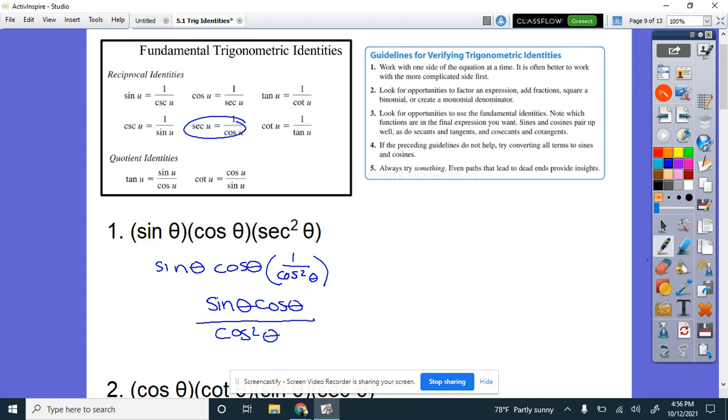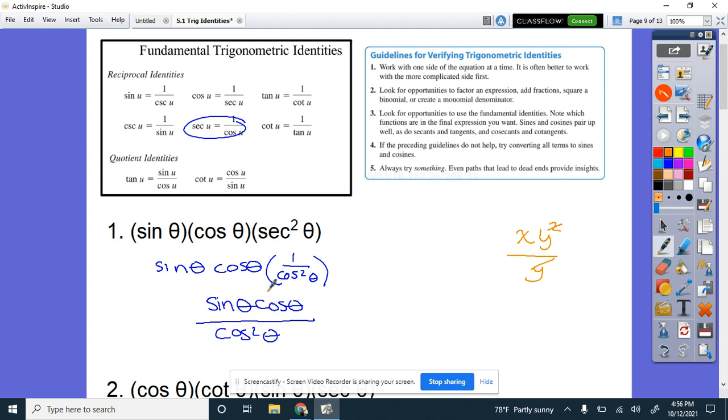I want you to think about this just like if you had x y squared over y. We cancel some things out, and it would make our work way easier. The same thing applies here.